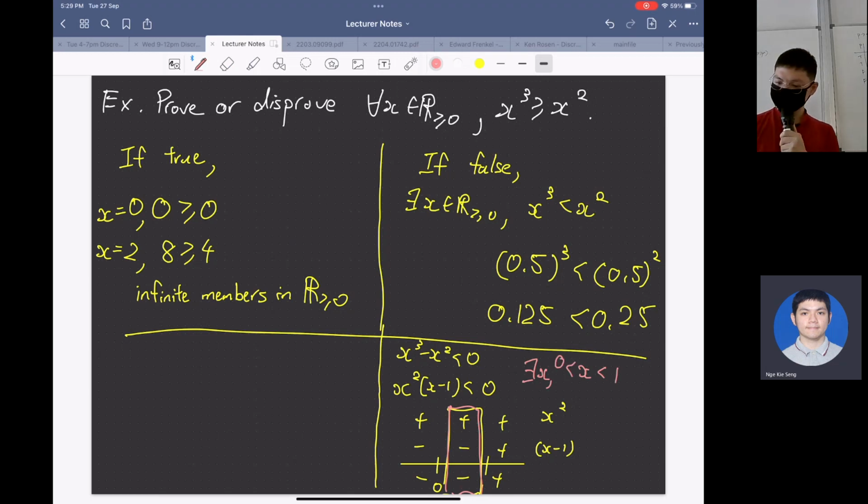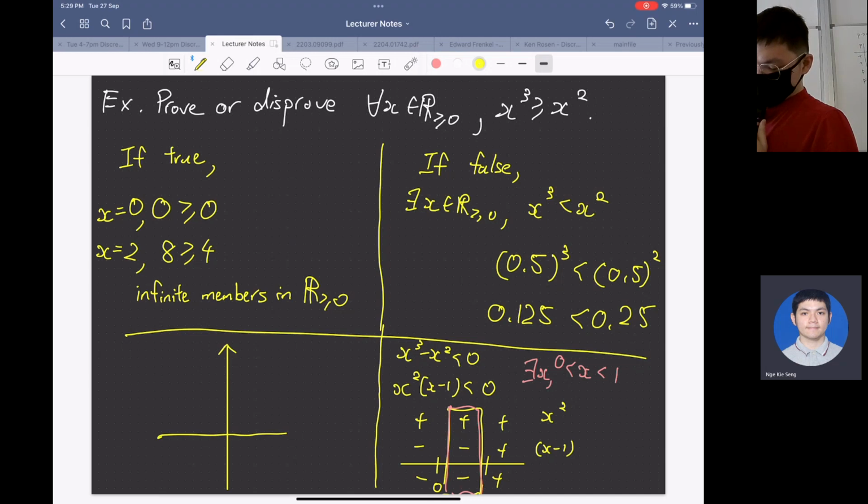There's another, geometric proof. The geometric proof is to sketch the graph. Of course, to sketch this graph, you need to know the properties of it.